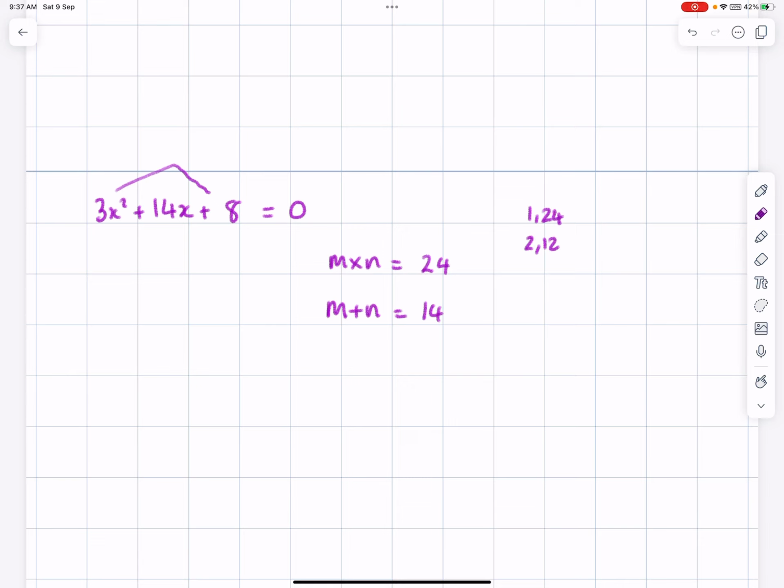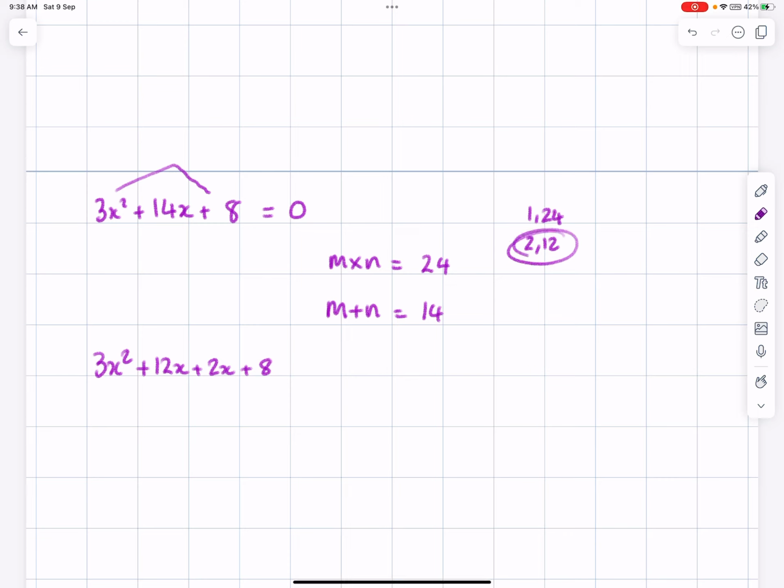What we're actually going to do is replace 14x with the 2 and the 12. So instead of having 14x here, I'm now going to rewrite 3x squared plus 14x plus 8 as 3x squared plus 12x plus 2x plus 8.